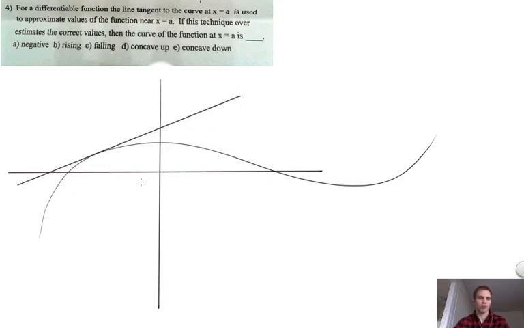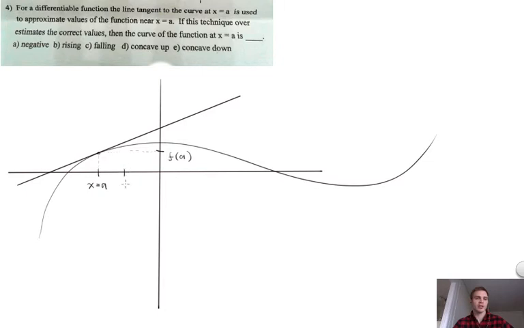Okay. So here we have a value x equals a, and then we go over and we have a value f of a. Now, we're going to use this tangent line that we've drawn here to approximate the function value near x equals a.